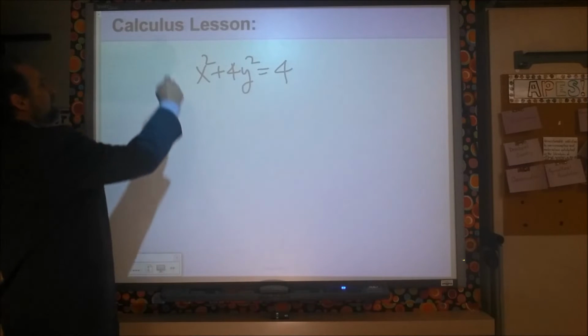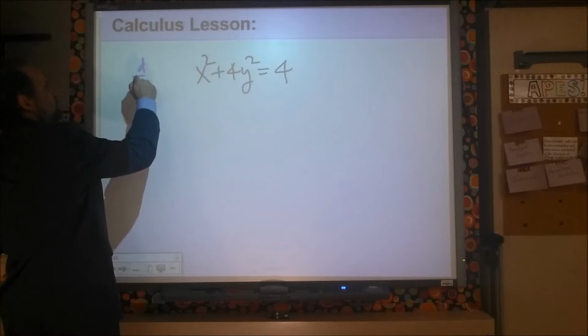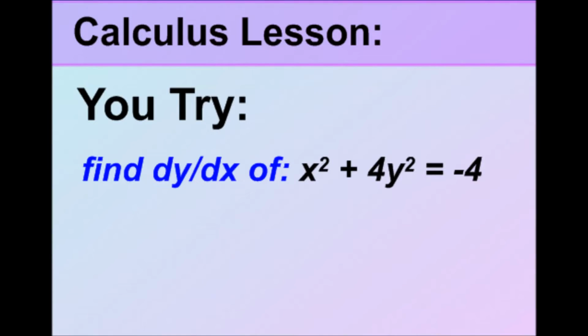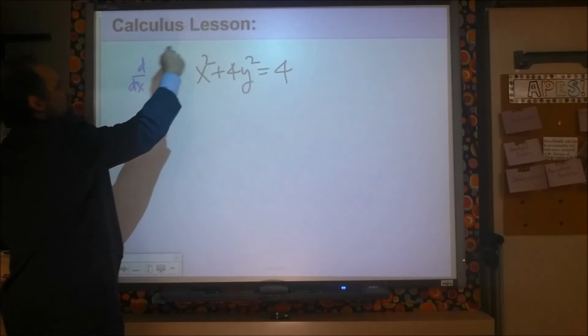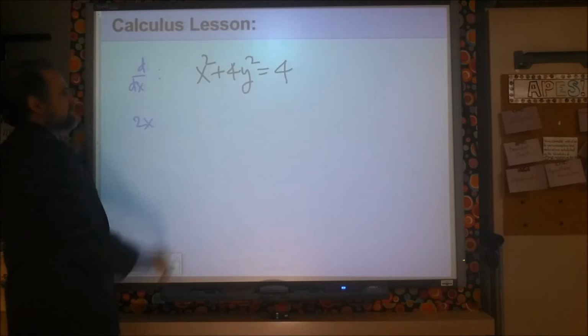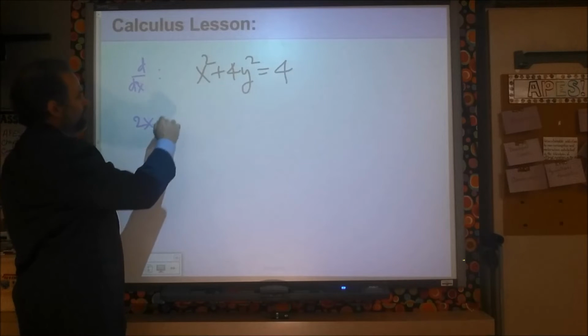Well, again, I want to do the derivative with respect to x to all of it, which means both sides. So the derivative of x squared is 2x dx dx. Therefore, that's done.